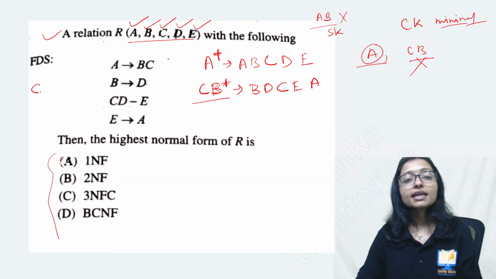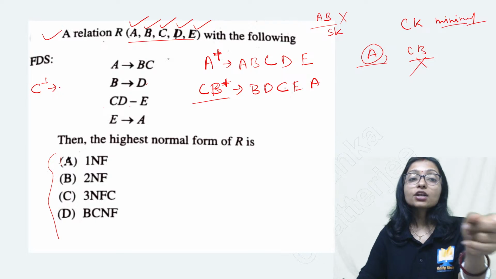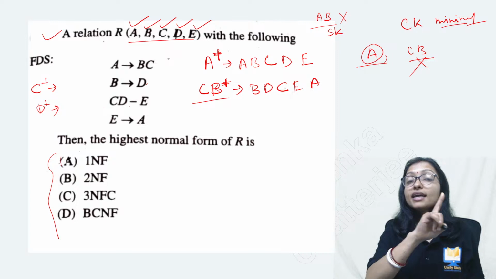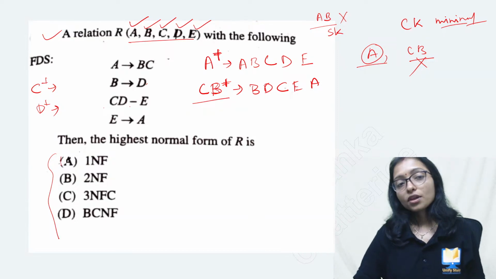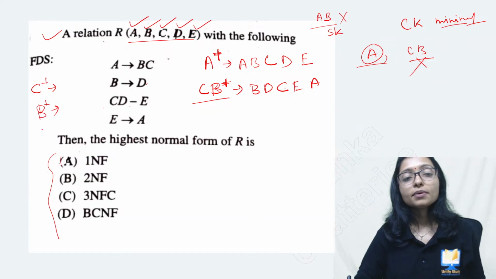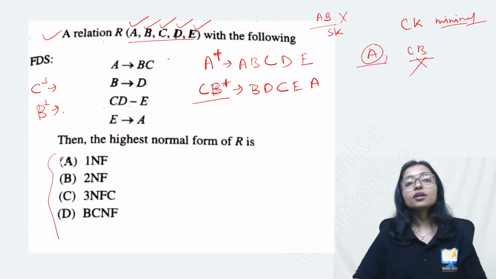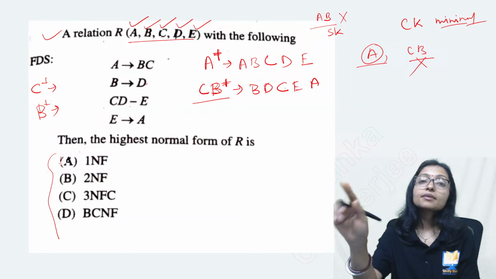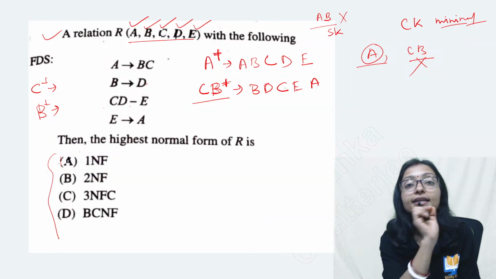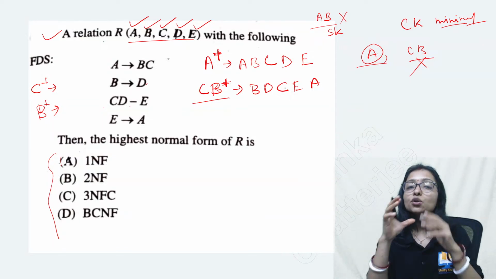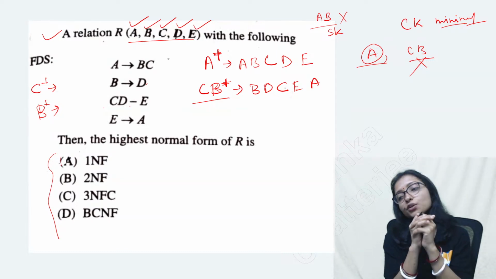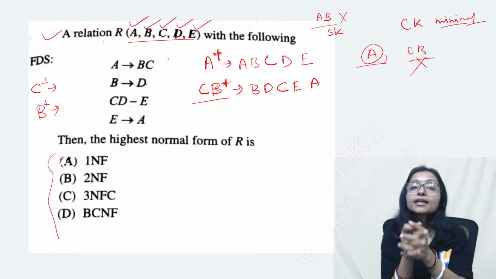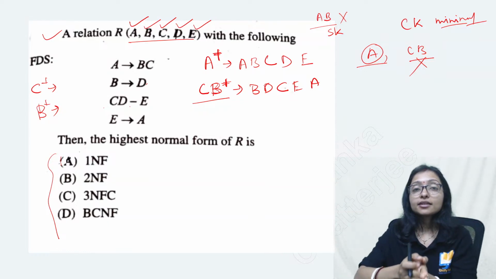Because if I take C alone, C cannot determine all. If I take D alone, D cannot determine all. If I take B alone, B also cannot determine all. That's why CB together is able to, this is the minimal set. CB together making a minimal set is able to determine all other attributes. That's why CB is also a candidate key.